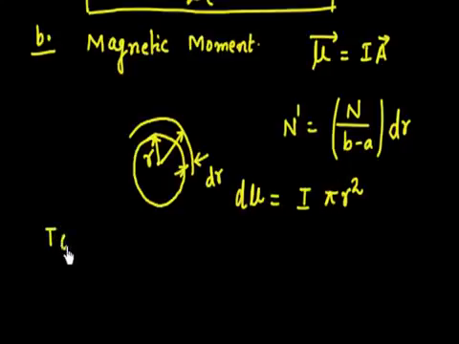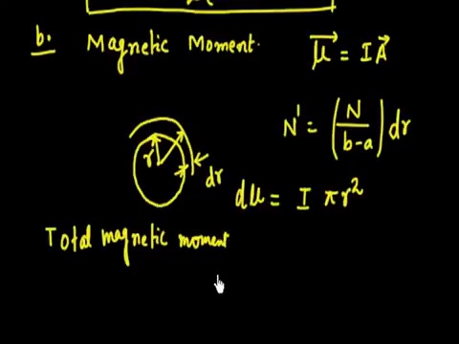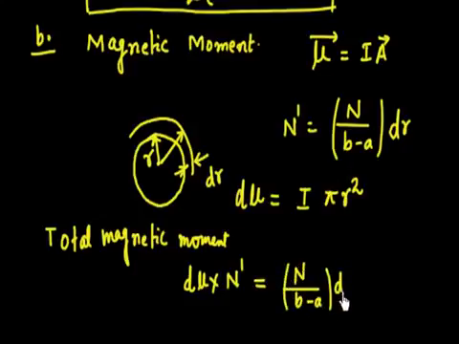So the total magnetic moment will be d mu times n dash, and we have already calculated n dash, which is n by (b minus a) into dr, into I times pi r square.